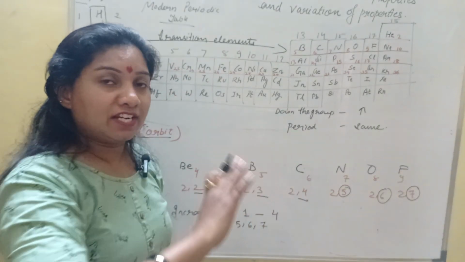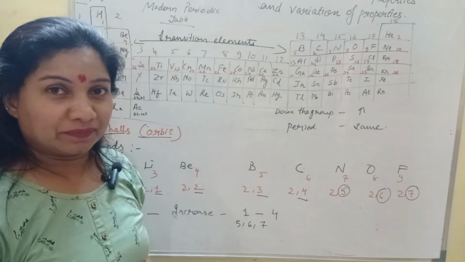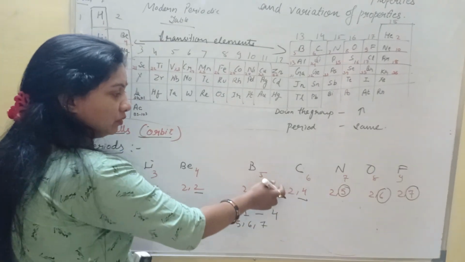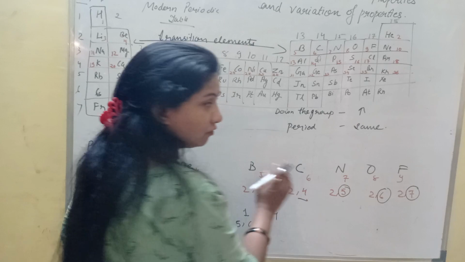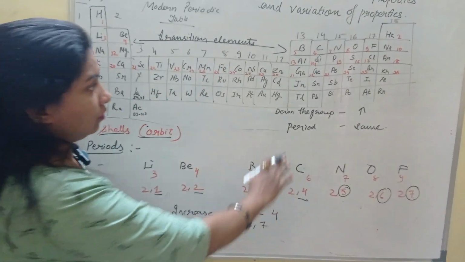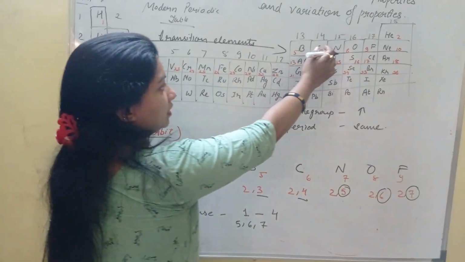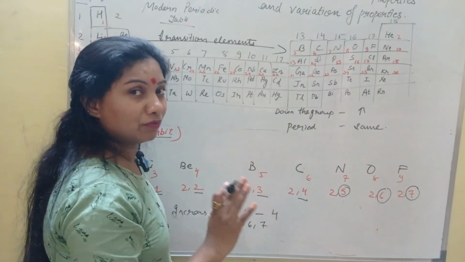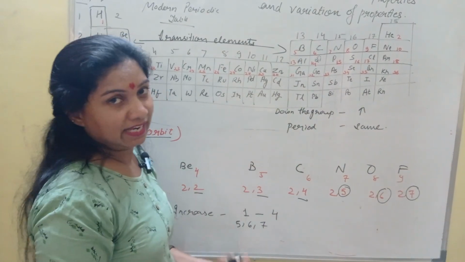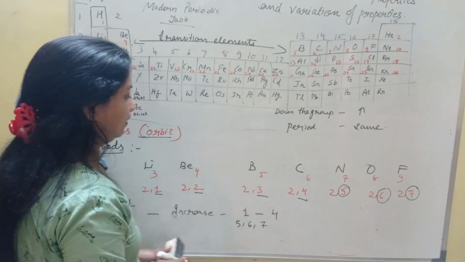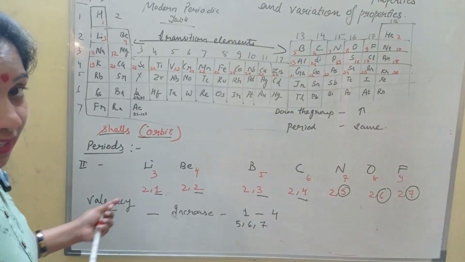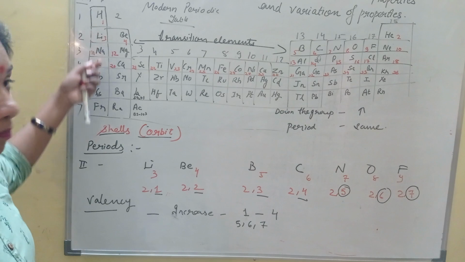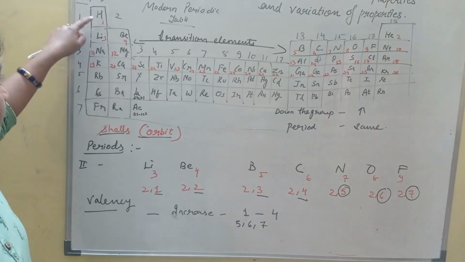In a group, valence shell electron will be same. Understood? To explain, I have taken only the first element of boron family, carbon family, nitrogen family. Rest all will be same. Valence shell electron will be same, so valency will be same in a group. But it is changing in period. In a group, valency will be same.